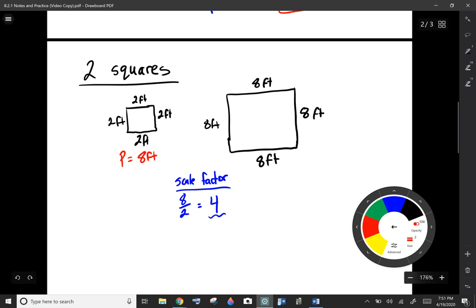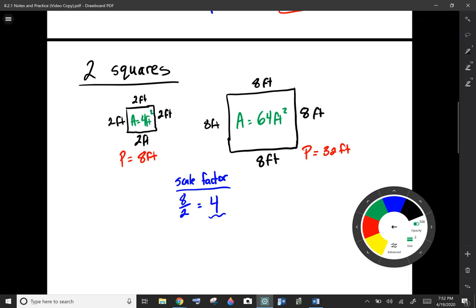We know that because we add up all the sides. And the perimeter of this is going to be 32 feet. But then when we think about the area, the area of this square is 64 feet squared, and the area of this is equal to 4 feet squared.